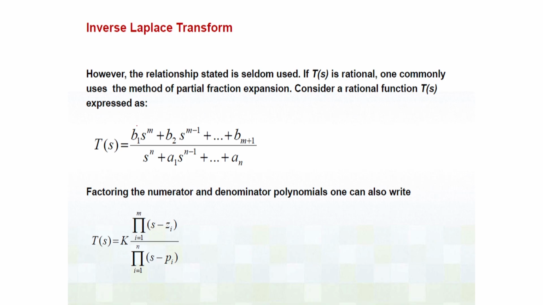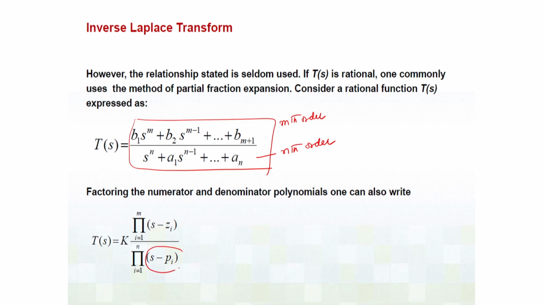So, if we have a generic transfer function, where the numerator is of mth order and denominator is of nth order, then I can actually carry out a partial fraction and write this in terms of the product of n roots, and these p's are the poles, and we can write the top one as the product of m zeros.